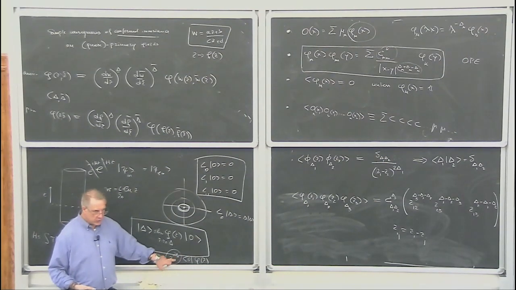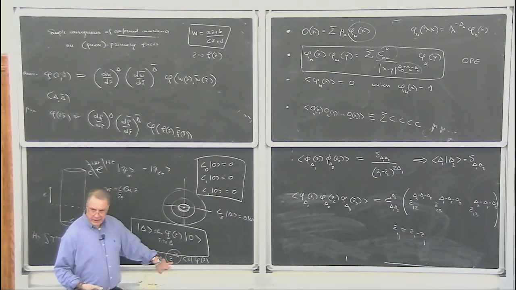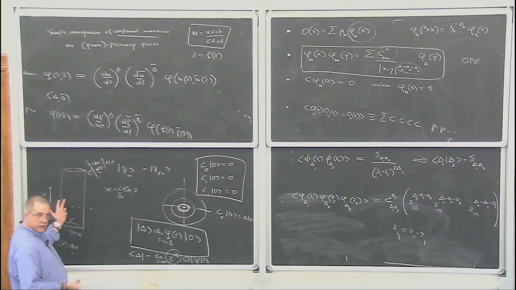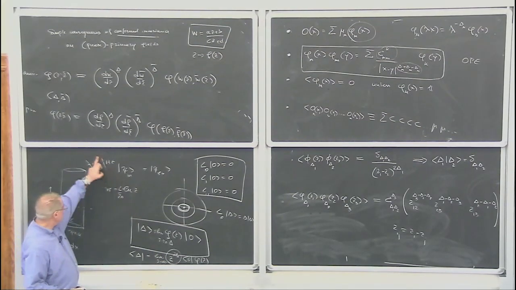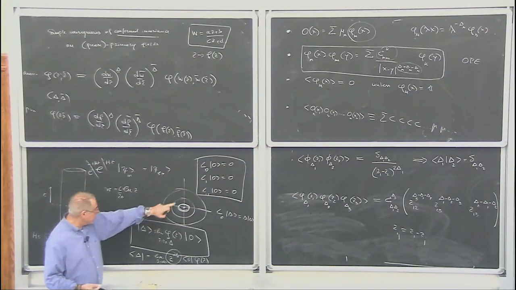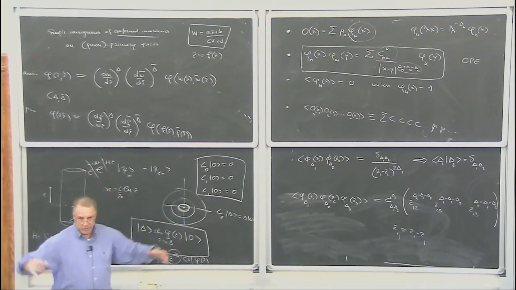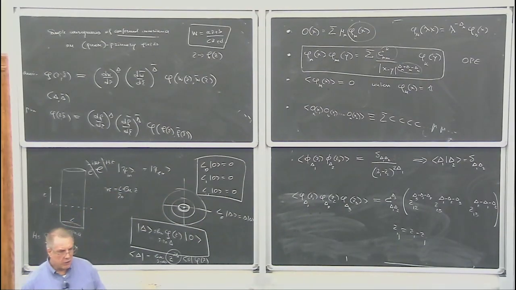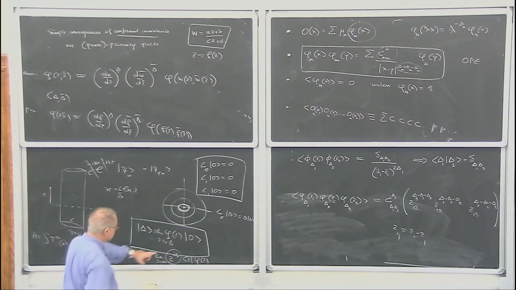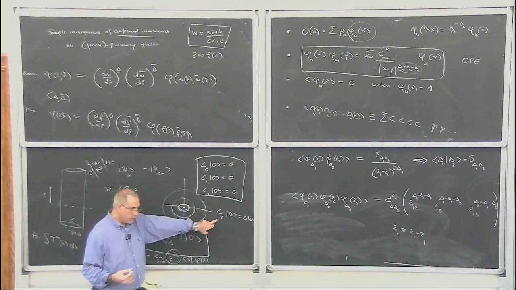This is why I'm putting this, and I'm putting z because going from the cylinder to the plane, the role of time evolution is played by z, the radial. So take the Hamiltonian as a blind definition; the real meaning we'll understand later, when we define the Hamiltonian for my conformal field theory.